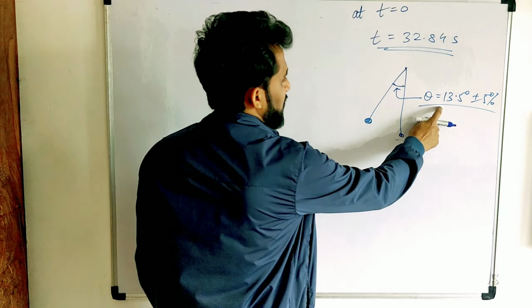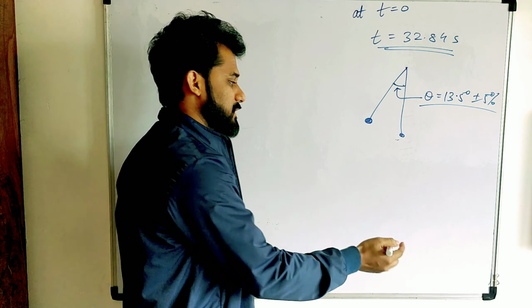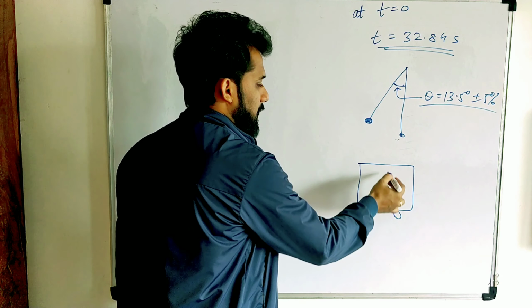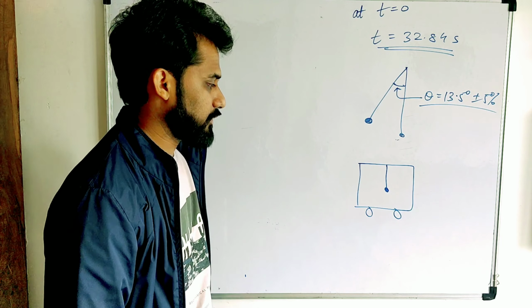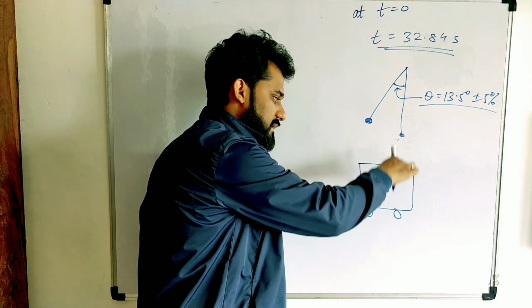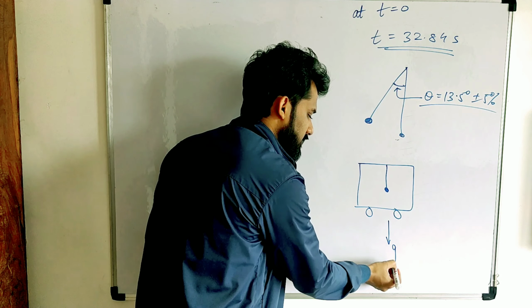What is the meaning of this angle and how can I calculate the acceleration using it? For that you must know, if a pendulum is suspended in a stationary vehicle, the pendulum always hangs vertical because acceleration due to gravity is in the downward direction.